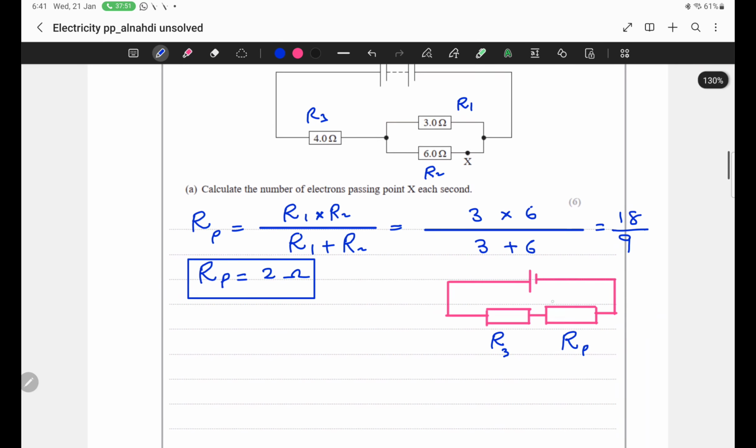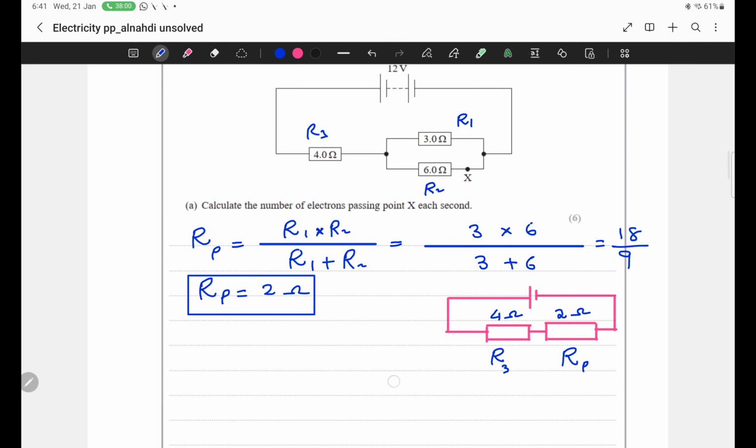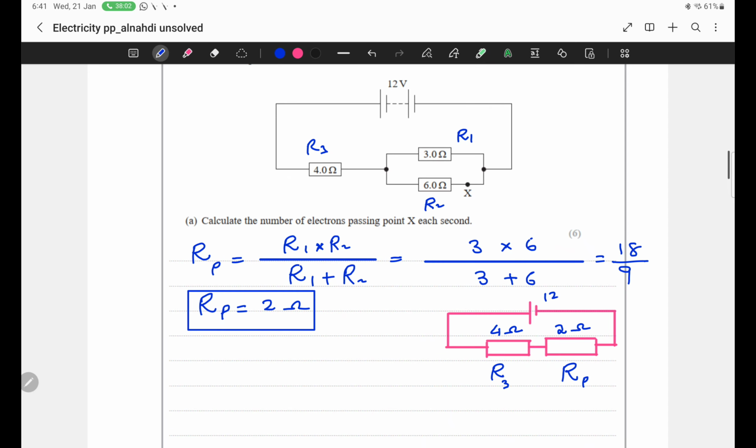And the value of RP is 2 ohm, and the value of R3 is 4 ohm. And now, what is the question?